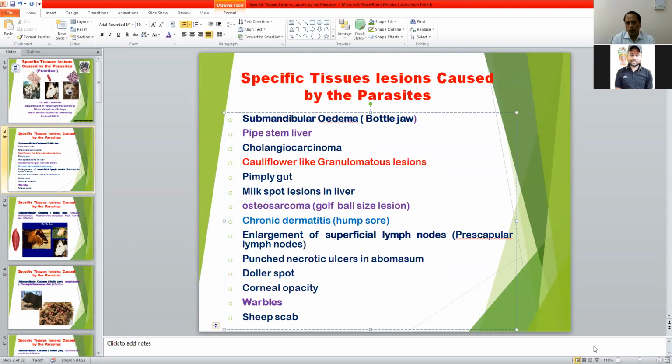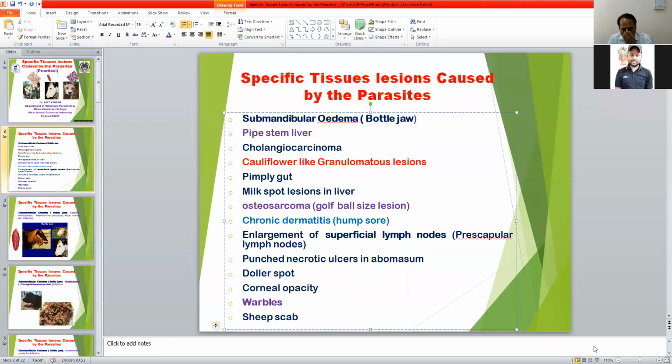Then chronic dermatitis, a disease known as hump sores, commonly found in Bihar, West Bengal, and Assam, is caused by one of the filarial nematodes, Stephanofilaria assamensis.